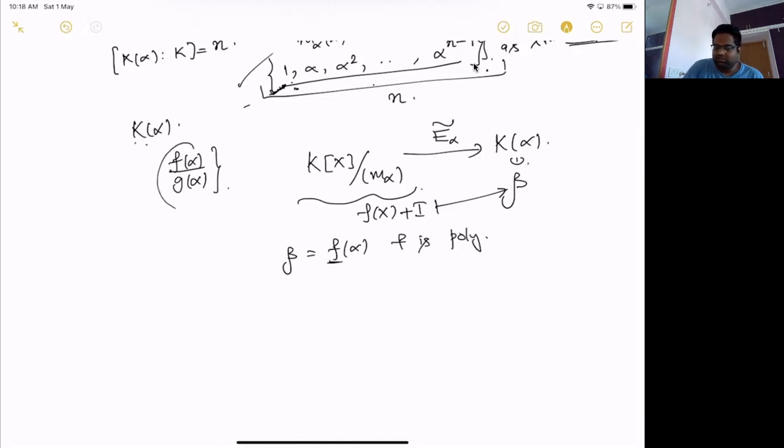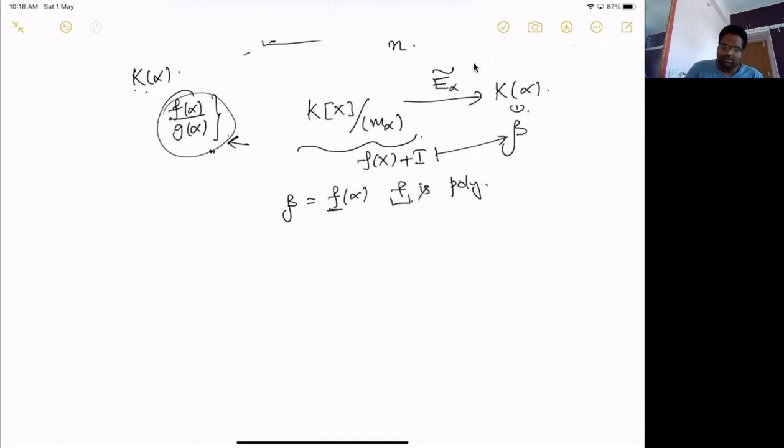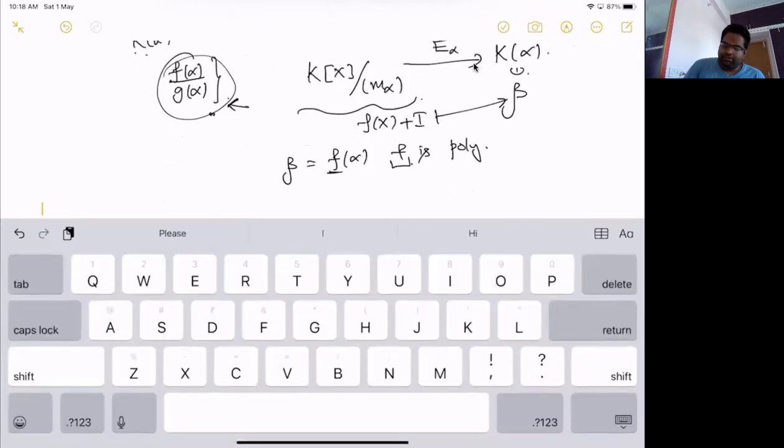So you see, we have actually gotten rid of this quotient, and we are able to speak in terms of polynomials. That is the main purpose of the previous theorem. Okay. Now, f is some polynomial.